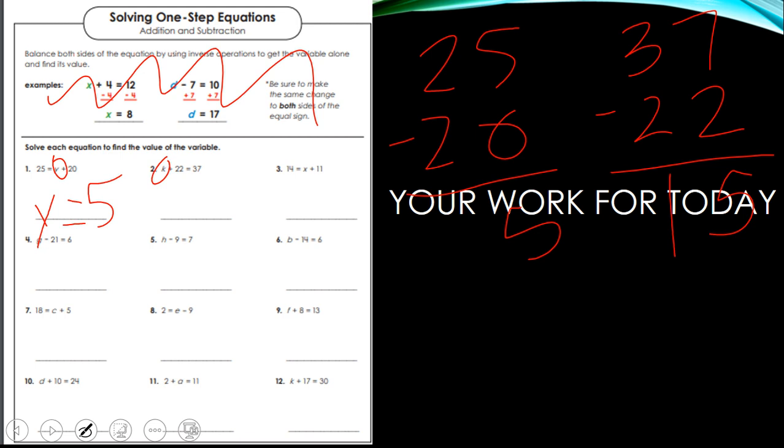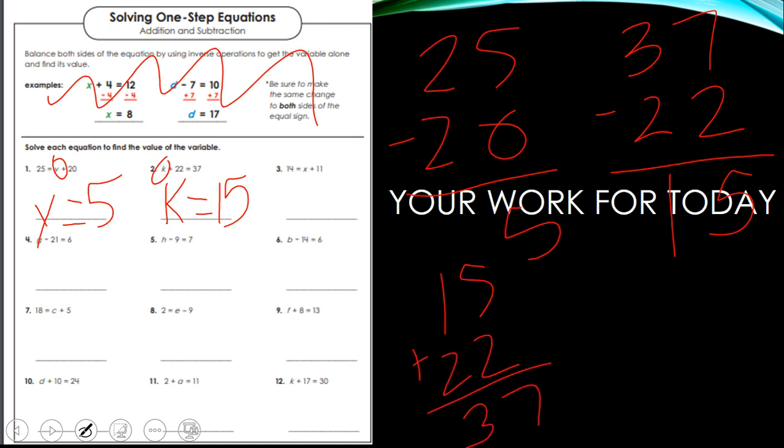So that means that k equals 15, okay? And you can check your answers if you would like to, but you don't have to. So remember how we check our answers is we do the opposite. So you can actually put in 15 plus 22, okay? So if you did 15 plus 22, that equals 37, okay?